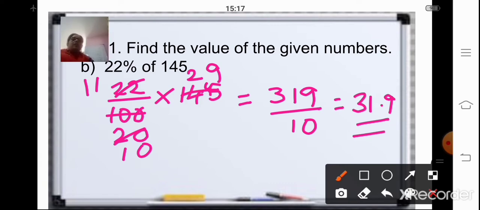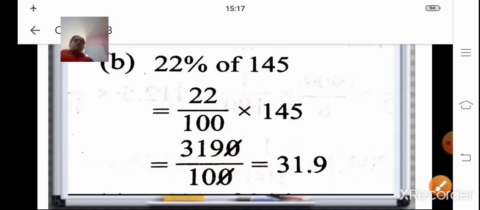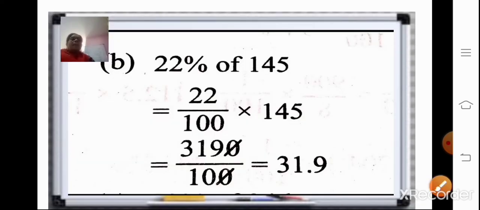Further, if you don't want to cancel it, you will just multiply 145 into 22. You will write the answer and then divide it by 100, that is, place the decimal point. Just see here, we have done it like this in the slide.